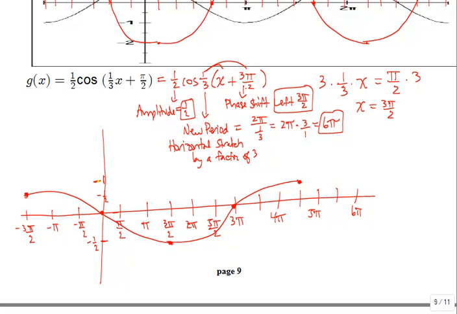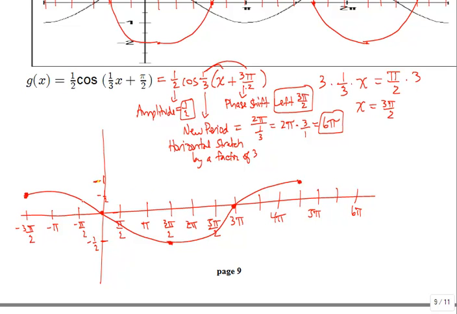It started to the left at 3 pi over 2, and I finished my cycle with a width of 6 pi. So that one's kind of confusing, but again, you want to start with that phase shift to know where you should start, and then you count over to the right however much your period should be to know where you should stop.